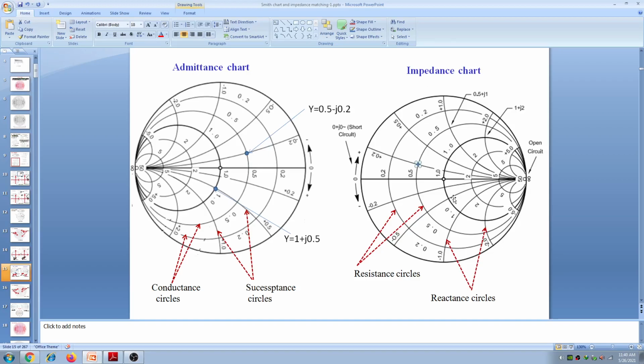In the impedance chart, for example, you are asked to find out what the impedance is here. How do you find the impedance at that position?